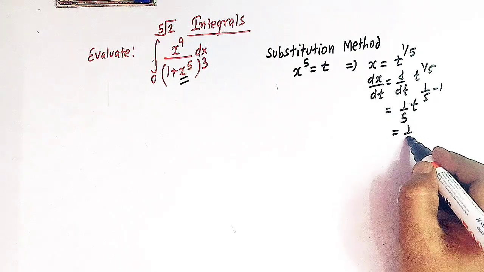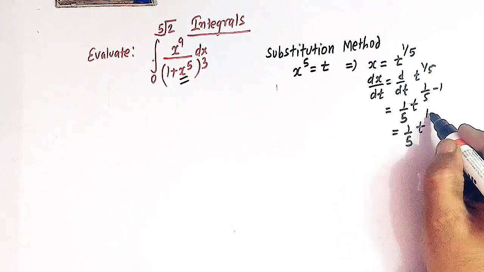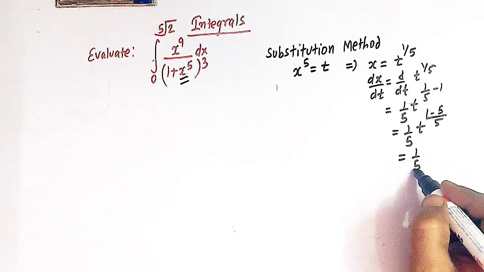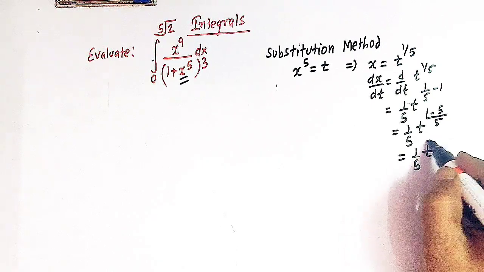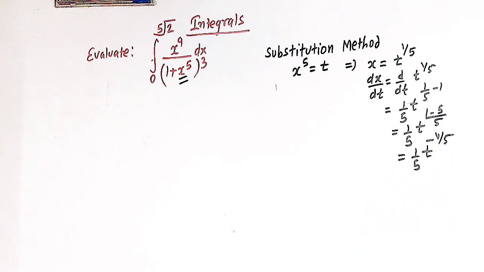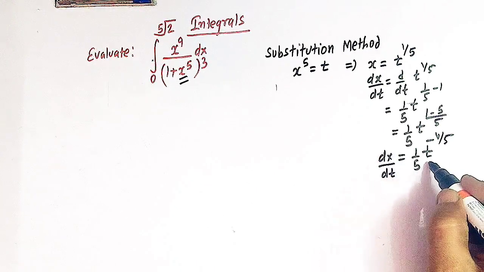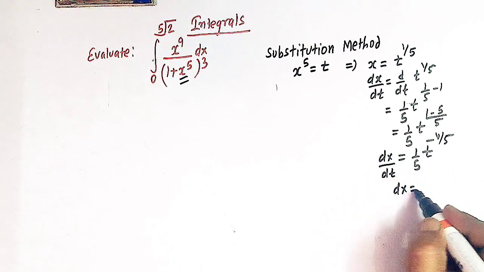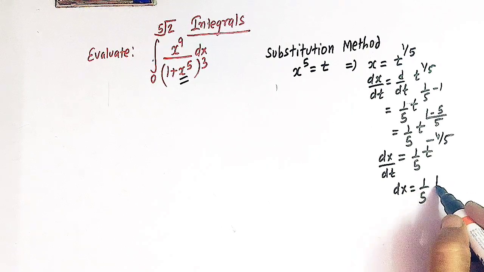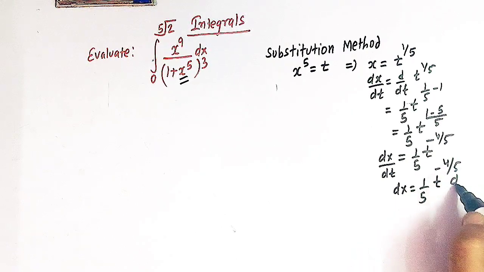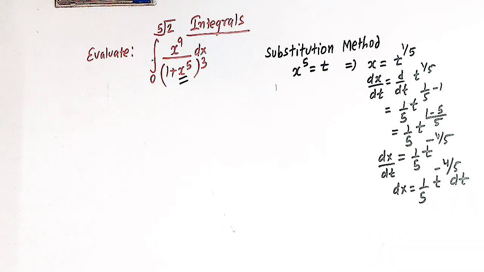So this is 1 over 5 t raised to (1 minus 5) over 5, that is 1 over 5 t raised to minus 4 over 5. So dx over dt is given by this expression, so that dx can be written as 1 over 5 t raised to minus 4 over 5 dt.